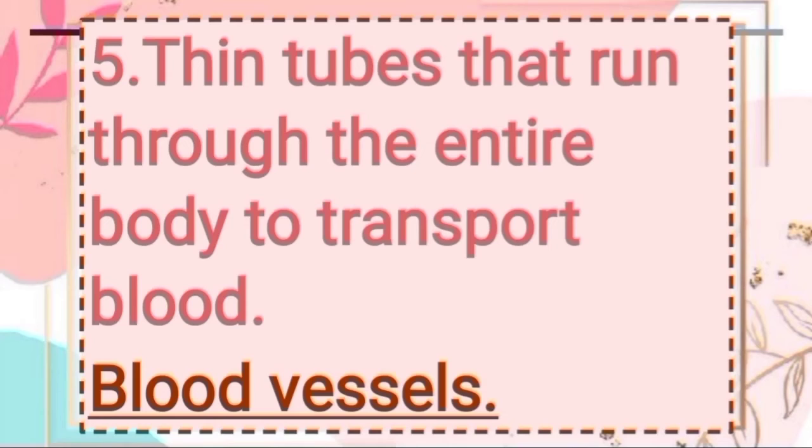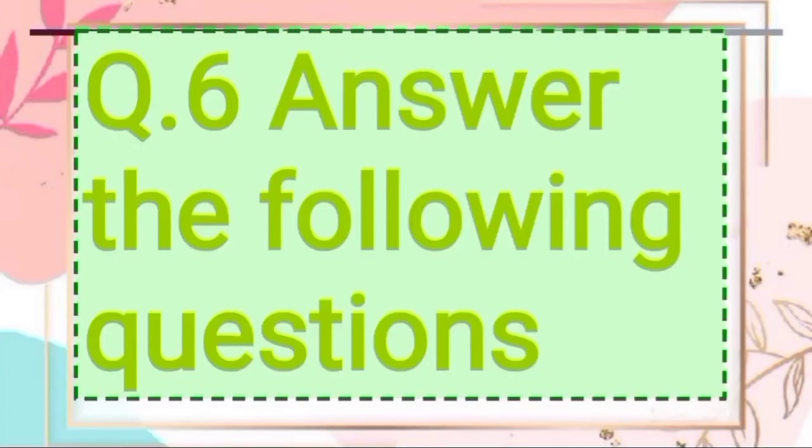So the question is thin tubes that run through the entire body to transport blood. So as you know, blood vessels, which are thin tubes that run through the entire body to transport blood, and arteries, veins and capillaries are the three types of blood vessels. So answer is blood vessels. Now let's answer the following questions.